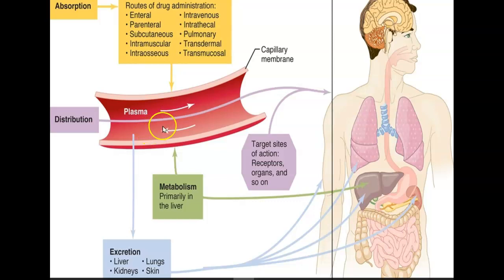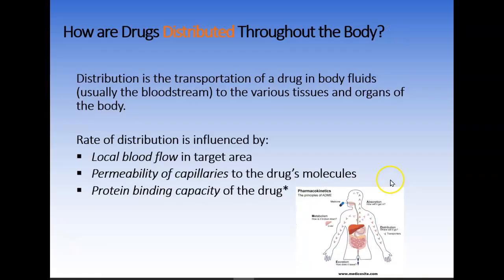So plasma, blood, lymphatics, things like that. And then we have our metabolism, which is mostly done in the liver. And so then we have excretion. And so the liver can excrete, the kidneys can excrete, the lungs, and the skin. So we can excrete by all of those areas.